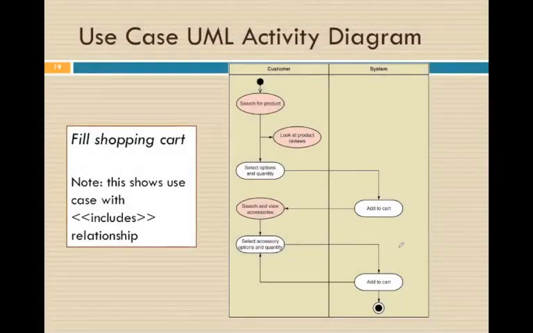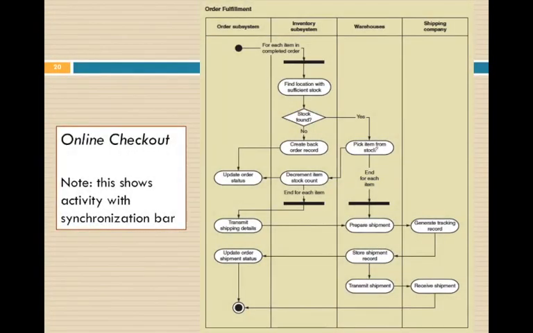And we have another example, if our use case has an include relationship. So these are the include relationships. And this is with the synchronization bar and with the decision, for the use case online checkout.